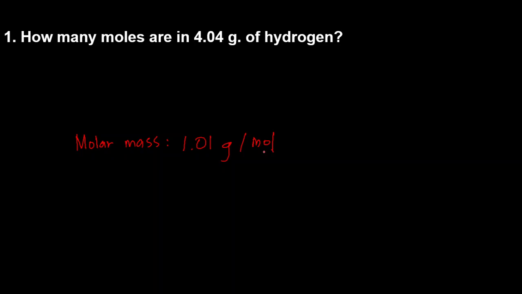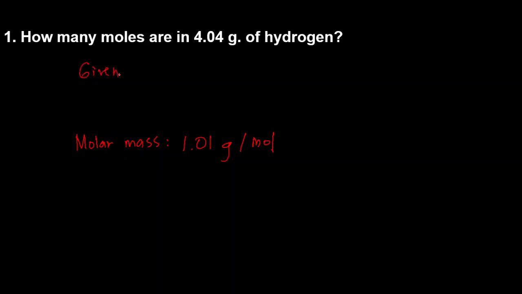So every mole of hydrogen is equal to 1.01 grams. Before we answer, can you guess the answer for this question? Approximately 4, right? Because 1 mole is equal to 1.01 grams. So if the mass is 4.04 grams, it might be about 4 moles.